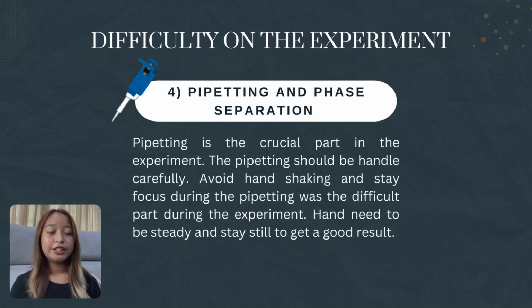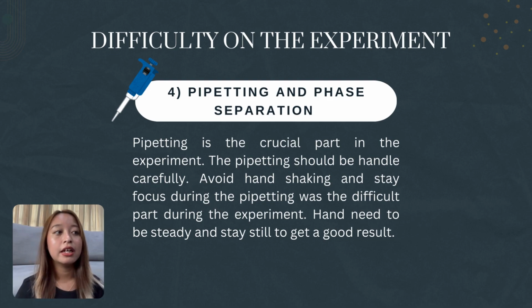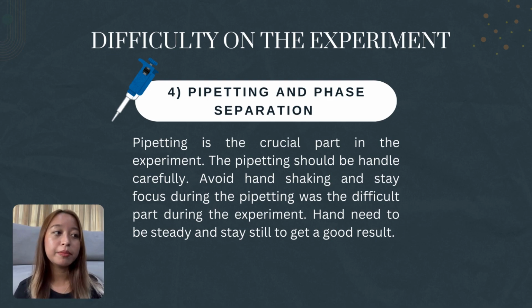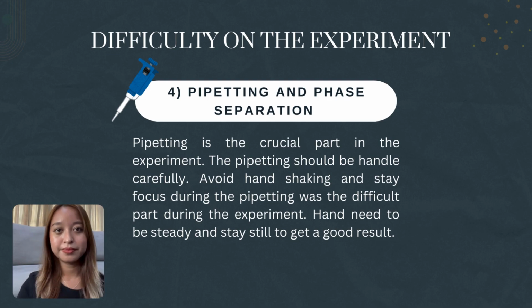The fourth difficulty that we experienced during the experiment is during pipetting and phase separation. Pipetting is the crucial part in this experiment. It should be handled carefully. Avoiding hand shaking and staying focused during pipetting was the difficult part. Hands need to be steady and stay still to get a good result.